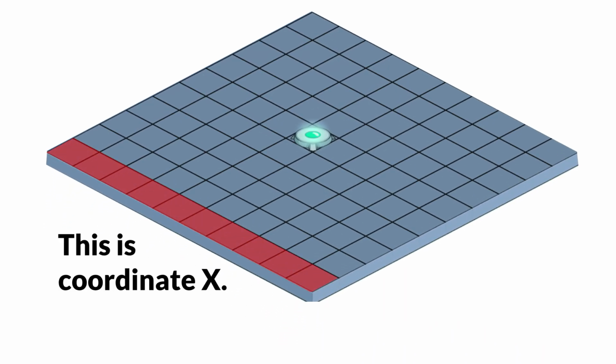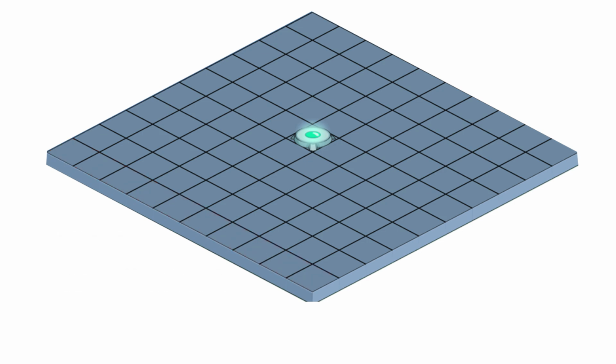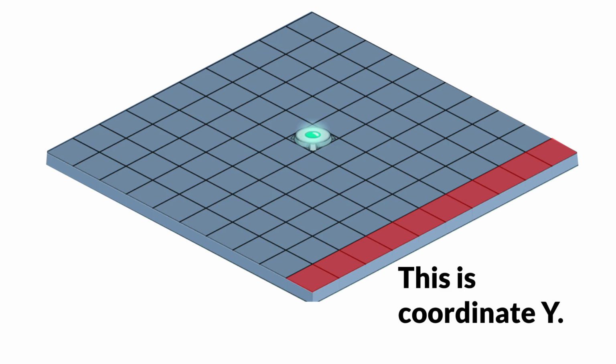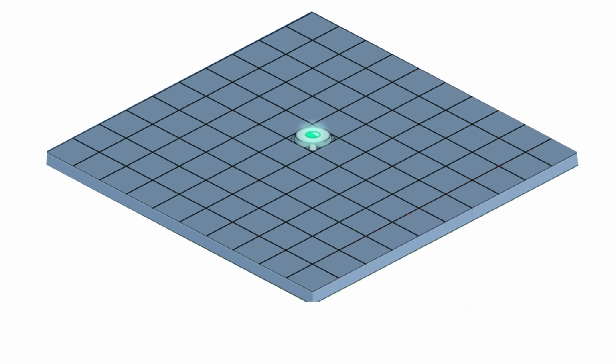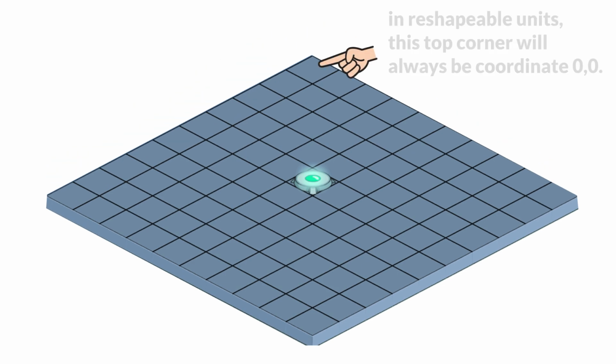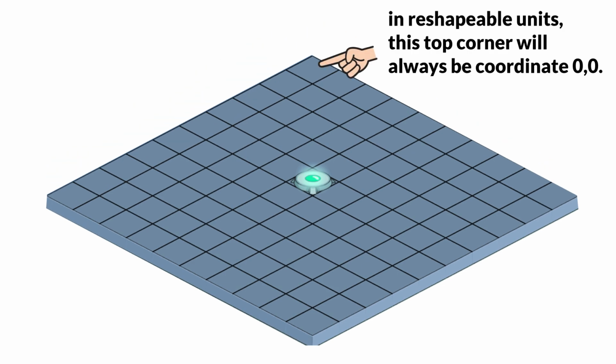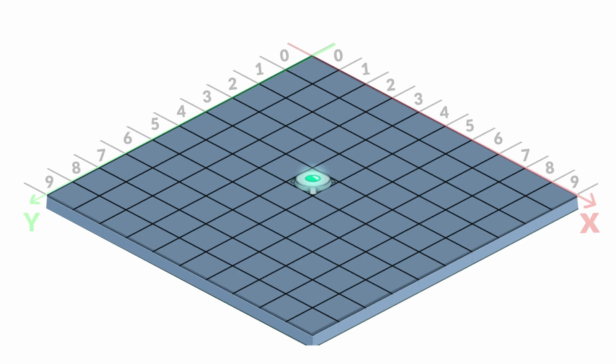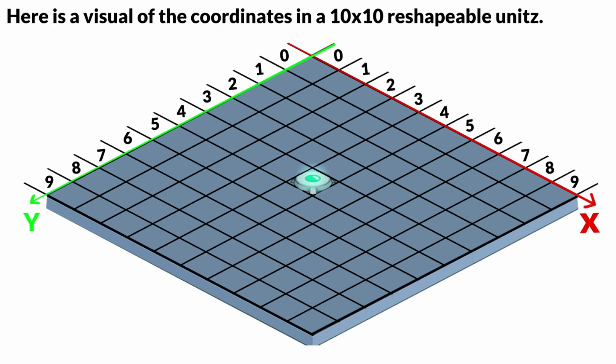This is coordinate X. This is coordinate Y. In reshapeable units, this top corner will always be coordinate 0, 0. Here is a visual of the coordinates in a 10 by 10 reshapeable unit.